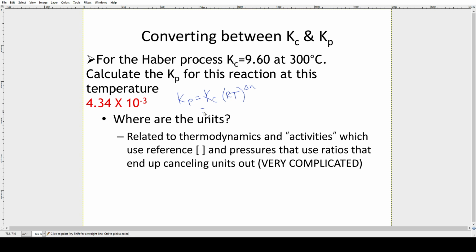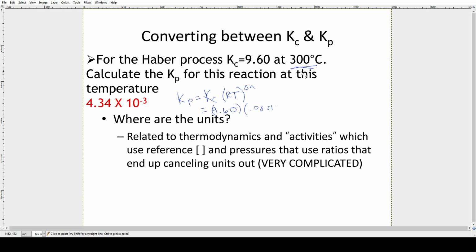I will plug in my Kc, 9.60, and R, we know we're using 0.08206, we're always using that one, times our temperature.